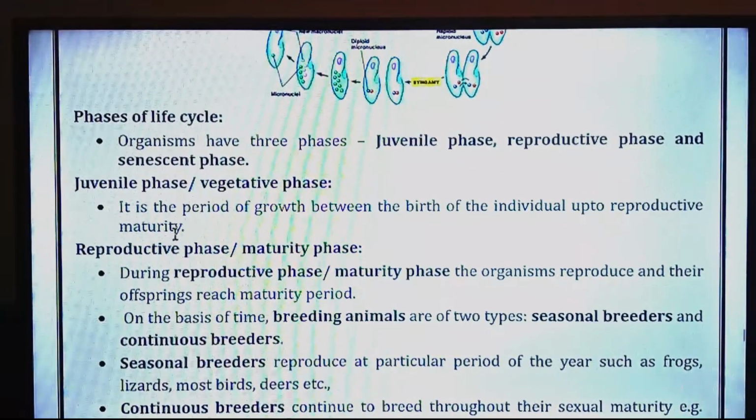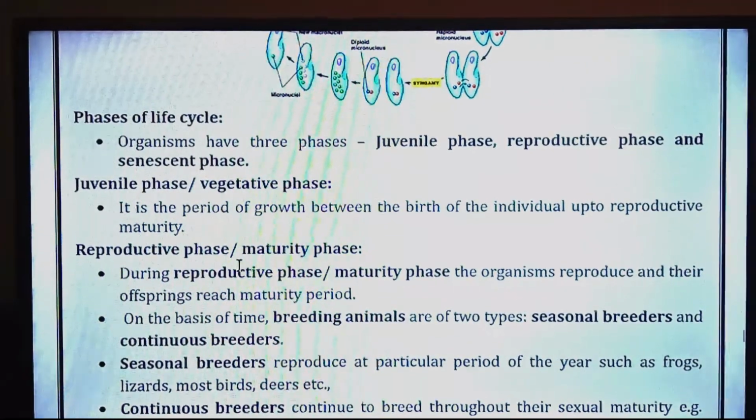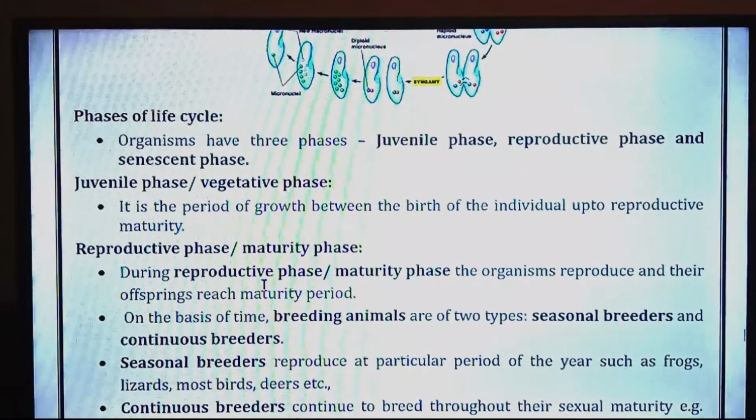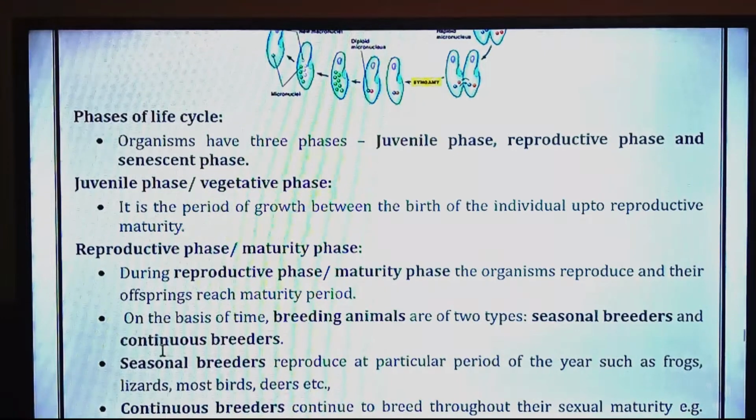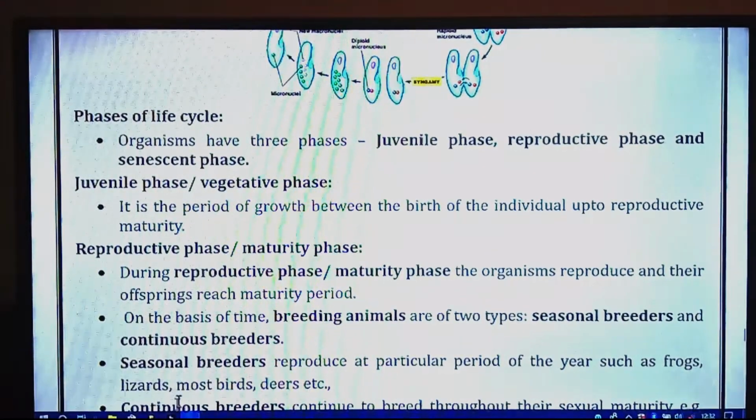The next phase is called the reproductive phase, and this follows the juvenile phase. During the reproductive or maturity phase, the organism will reproduce and produce offspring. On the basis of time, this can be classified into seasonal breeders and continuous breeders.